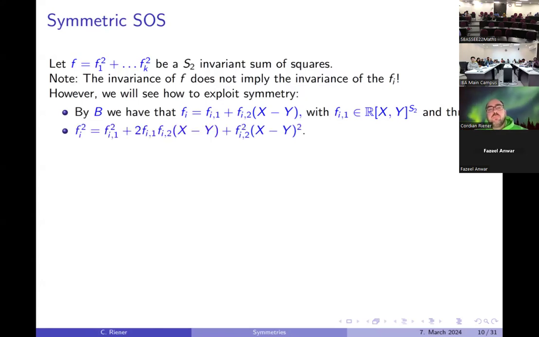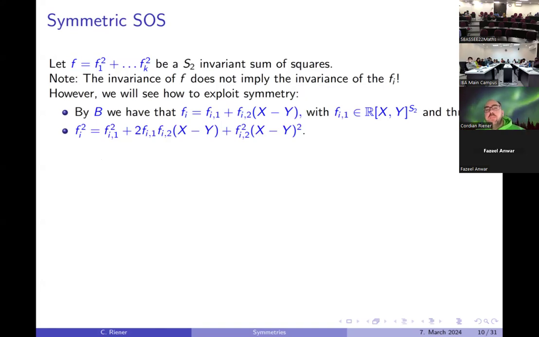Okay. And then if I square fi, I get a square on the left side, I get a square on the right side. And now you see if I square x minus y, I get an invariant polynomial. So now this change of x and y doesn't change anything on x minus y squared anymore.